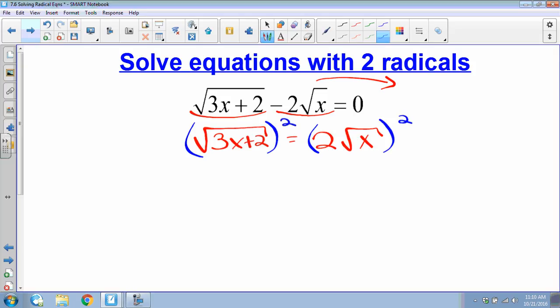You can put that in your calculator. Over here, if you take a radical and square it, you just end up with what's underneath. So 3x plus 2. Now, 2 squared is 4. The square root of x squared is x. So that's just 4x.